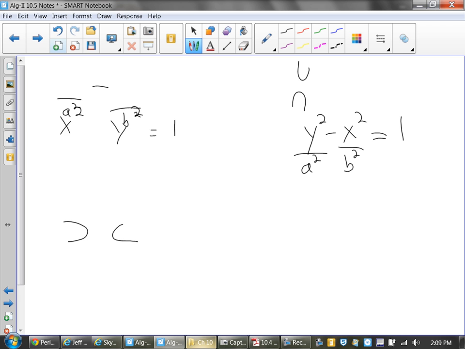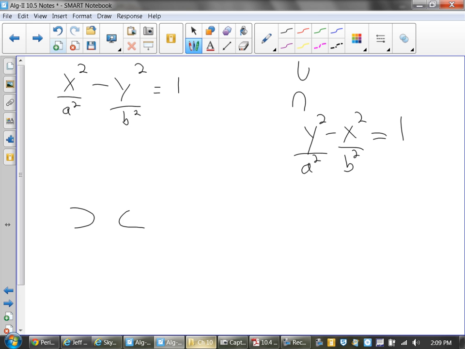Let me just move this up real quick. And if I'm centering this around the origin, this is my vertex. Again, my vertex for these will be at the a value, so it'll be at a comma 0, and then negative a comma 0.